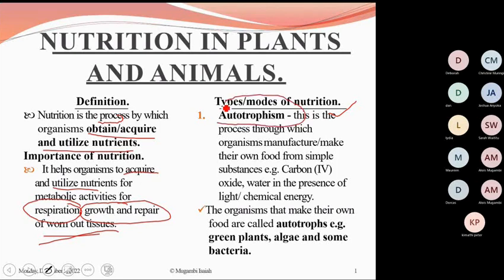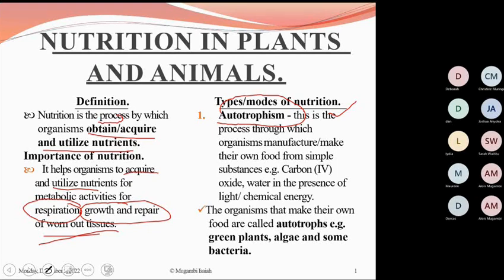We have what we call autotrophism, a process where organisms, especially the plants, what we call the autotrophs, the green plants, algae and some bacteria, manufacture their own food from simple substances, for example carbon dioxide and water, in the presence of light or chemical energy. That is what we say is autotrophism.